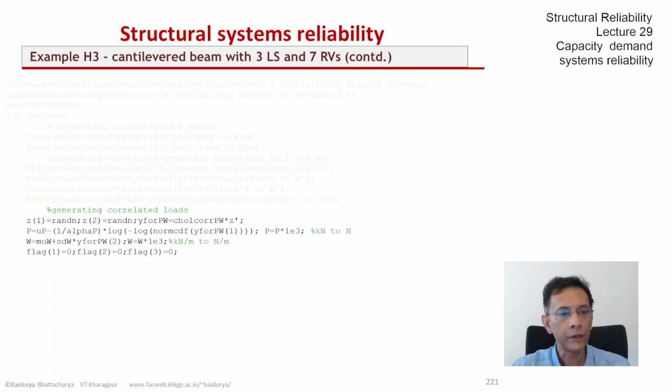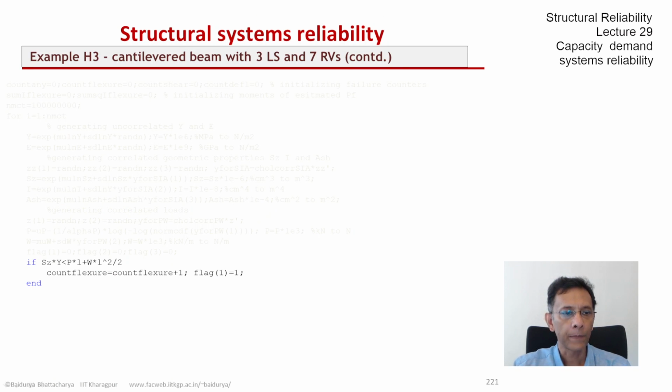Then I introduce three flags because I want to keep track of how many of the limit states, which of the limit states have been violated, or which of the limit states are negative. So the first one is the bending limit state. If the bending capacity is less than the bending demand, I increase the flexure failure count by 1, and I set the flag 1 up.